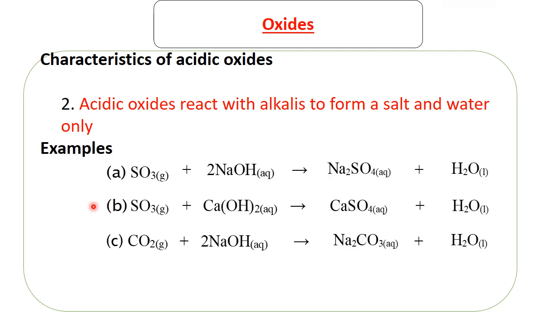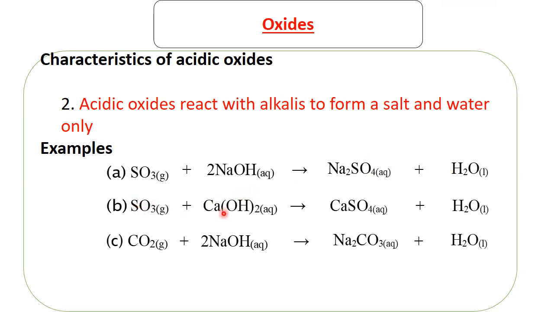Here is an example. We have sulfur trioxide reacting with sodium hydroxide. Sulfur trioxide is made of sulfur and oxygen, so it's an acidic oxide. It reacts with sodium hydroxide, which is a base. What is formed is sodium sulfate, which is a salt, and water.